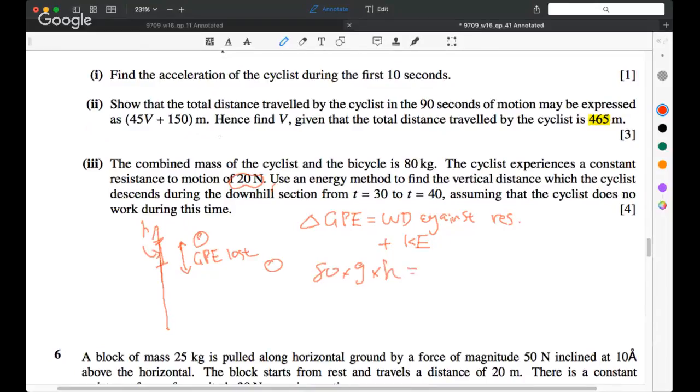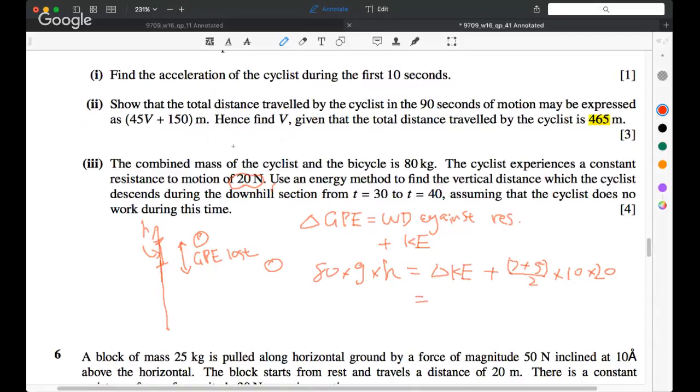And it will be equal to the change in kinetic energy plus the work done against resistance, which is 20 times the distance traveled, which is 7 plus 5 over 2. Do we know how to work out the change in kinetic energy?